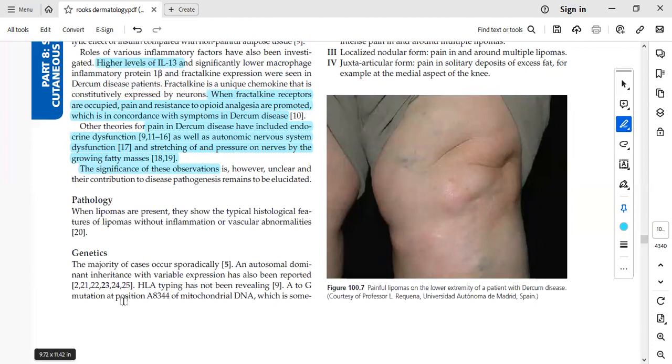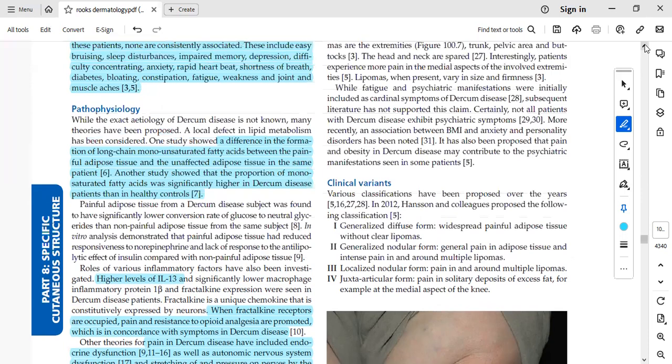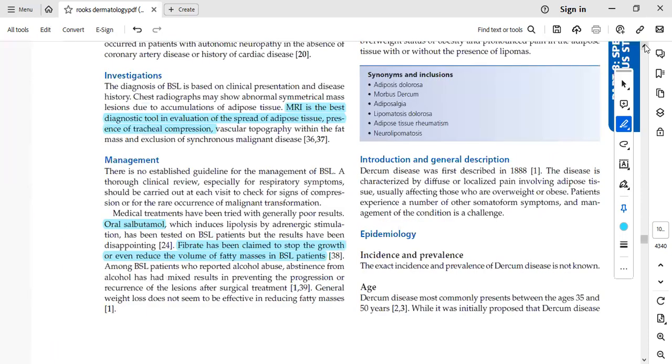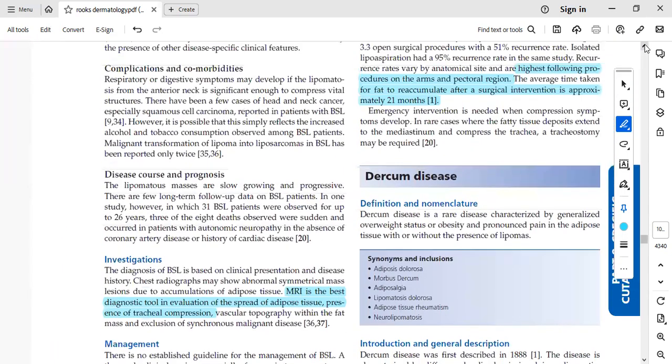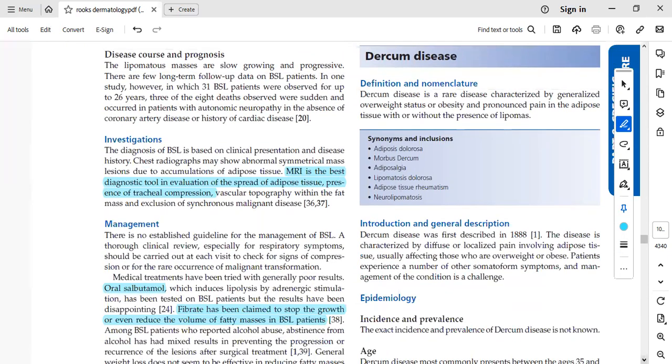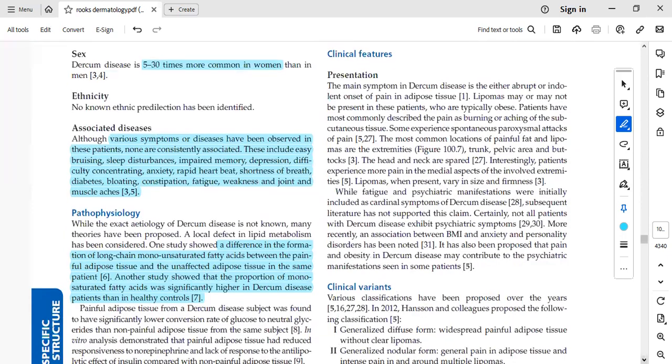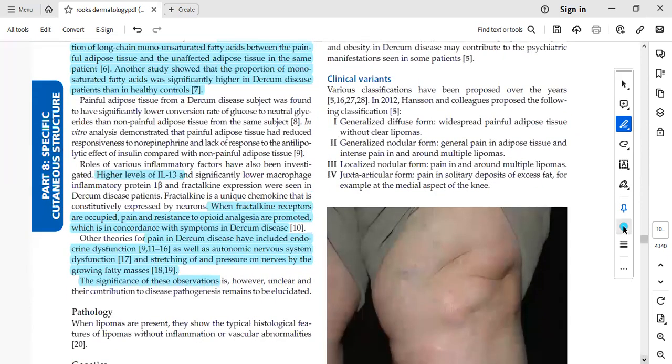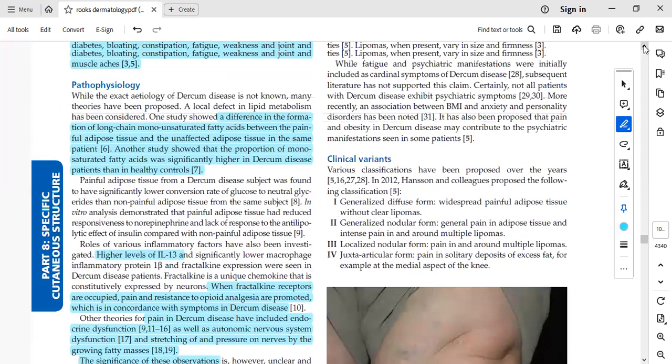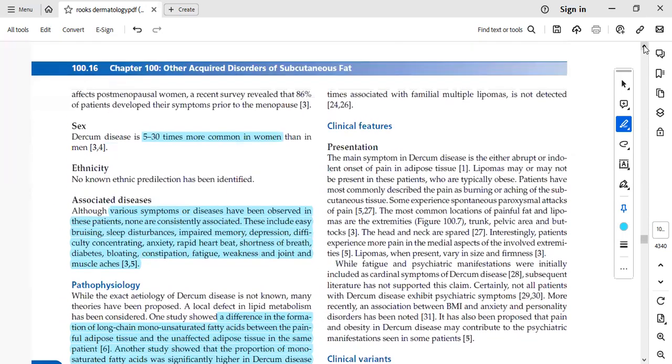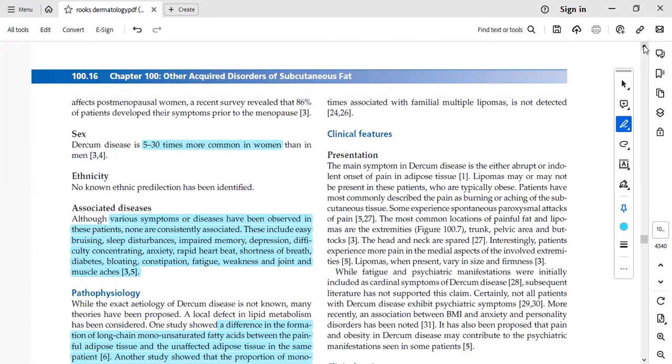A to G mutations at position A8344 of mitochondrial DNA, which is sometimes associated with familial multiple lipomas is not detected.